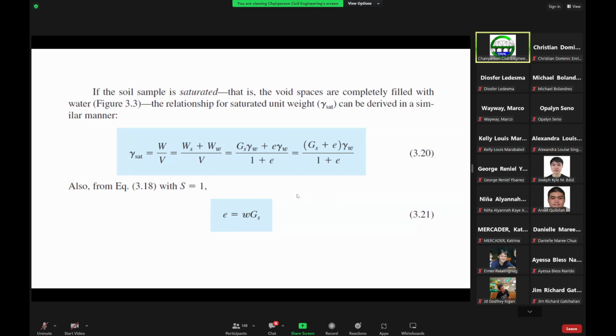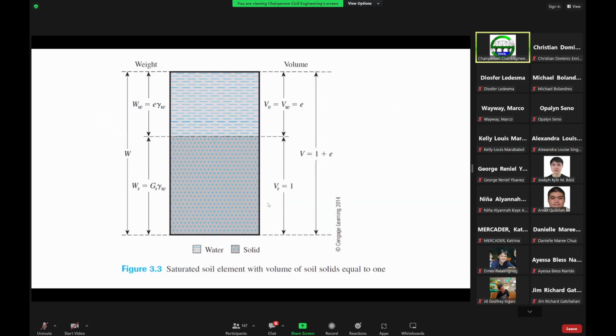Again, if the volume of solids is equal to 1, then here the volume of voids, since there's no more air, is now equal to the volume of water, which is just equal to the void ratio, considering that the volume of solids is equal to 1, since the void ratio is equal to the volume of voids over the volume of solids.